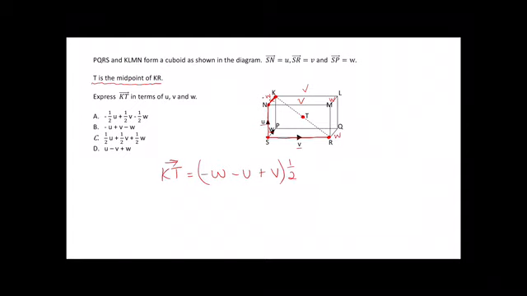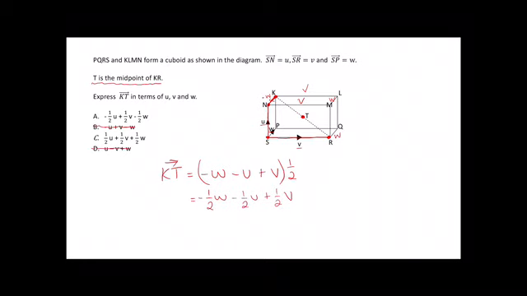Now looking at my options, I've not got any brackets in my options. So to make it a little bit simpler, I'm going to multiply this out. I'm going to have a half of -W, so -1/2 W, and a half of -U plus a half of V. So I'm going to compare this to my options.